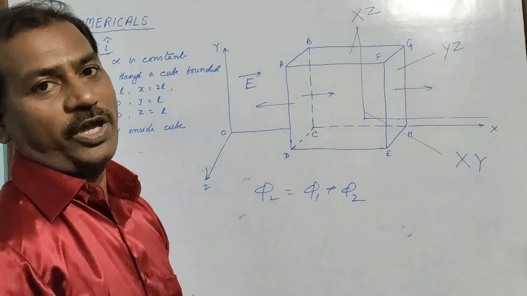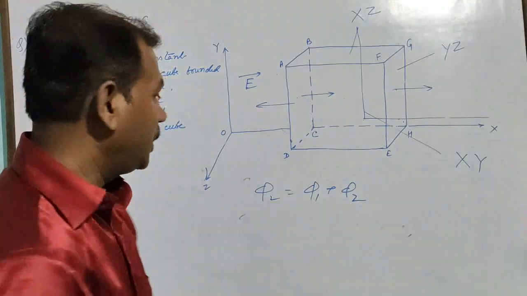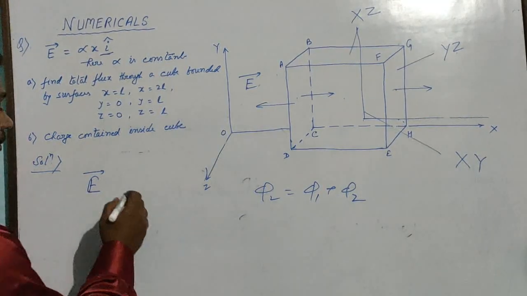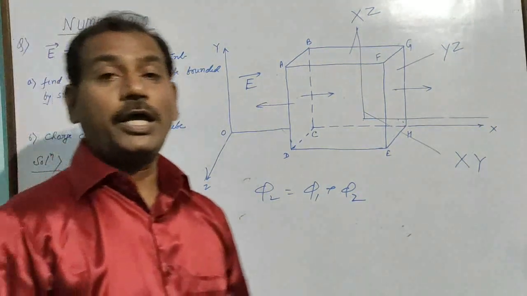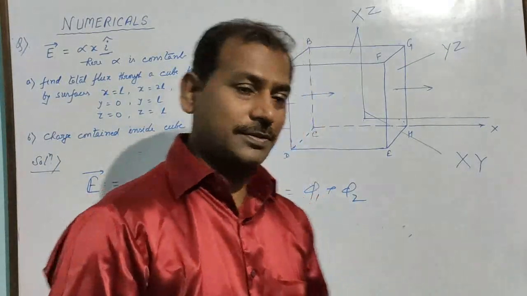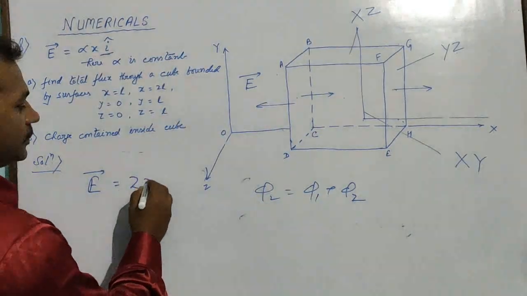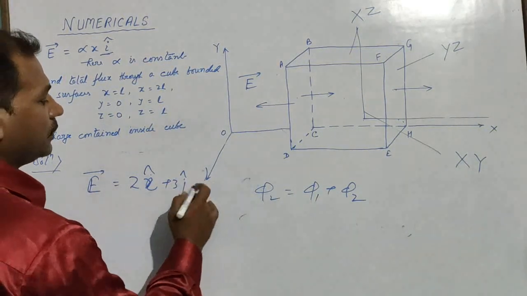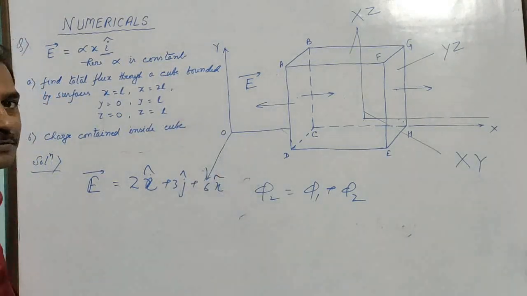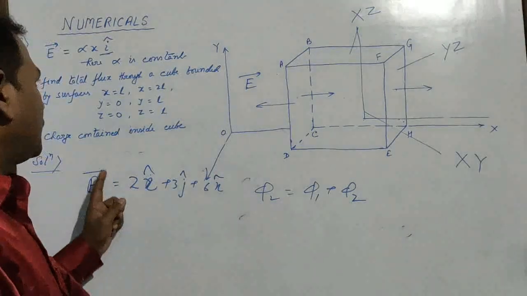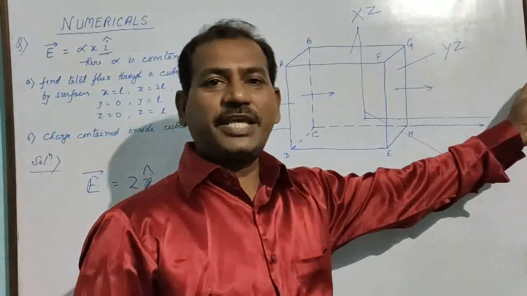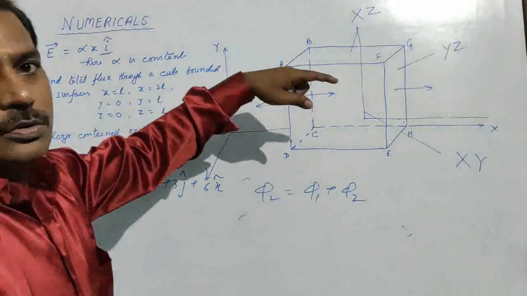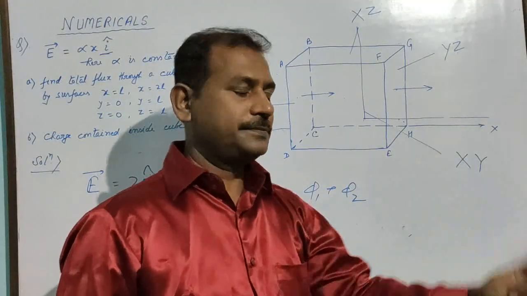Now, in the same way, I can also change that. If the field intensity in some other question is acting along three different directions, suppose it is 2i plus 3j plus 6k. Now you are observing that it is not in the same way which we have solved. So from this particular question, I have cited to you the three different types of examples.